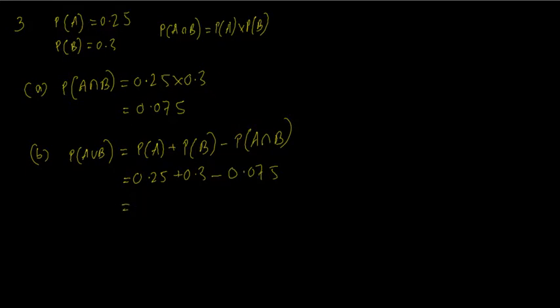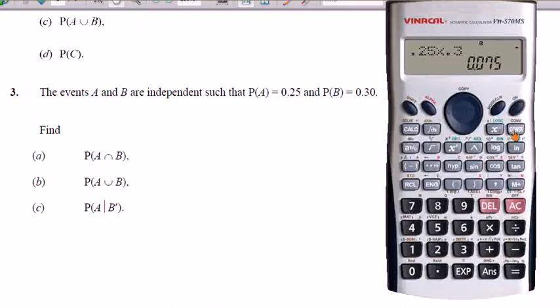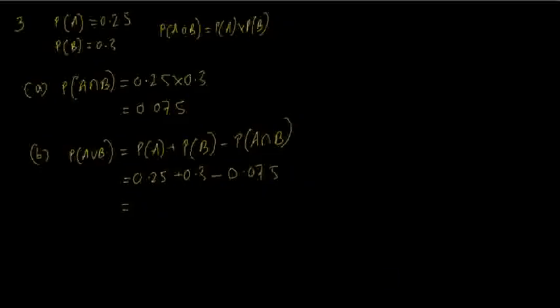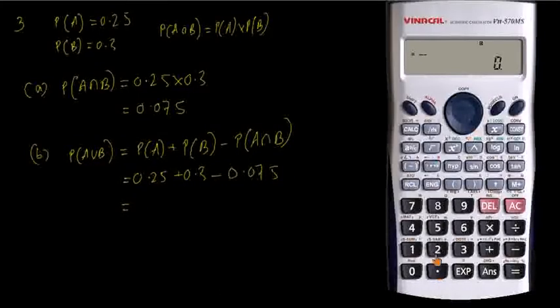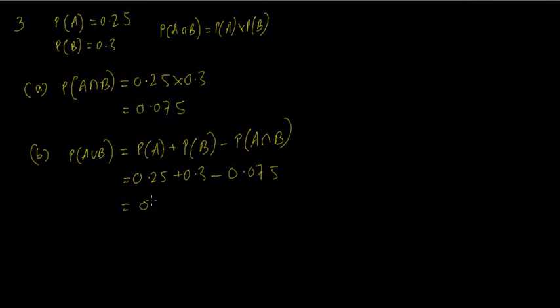So let's bring out the calculator. 0.25 plus 0.3 minus 0.075. That would be 0.475.